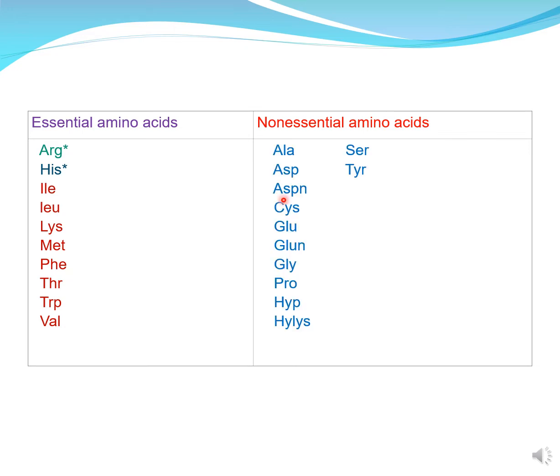The non-essential amino acids are also 10, but here they are 12 because we included hydroxyproline, which is derived from proline, and hydroxylysine, which is derived from lysine. We will discuss in the following slides the synthesis of these 10 non-essential amino acids.